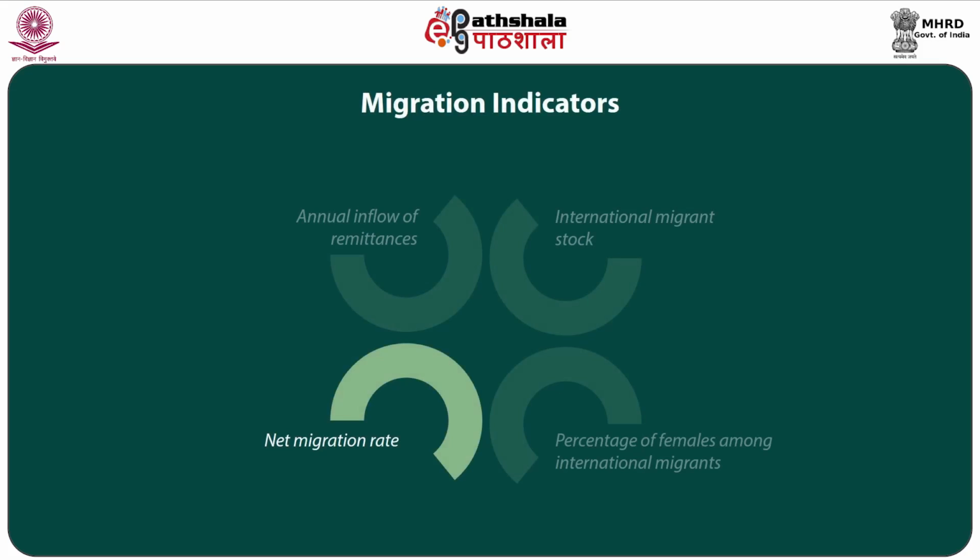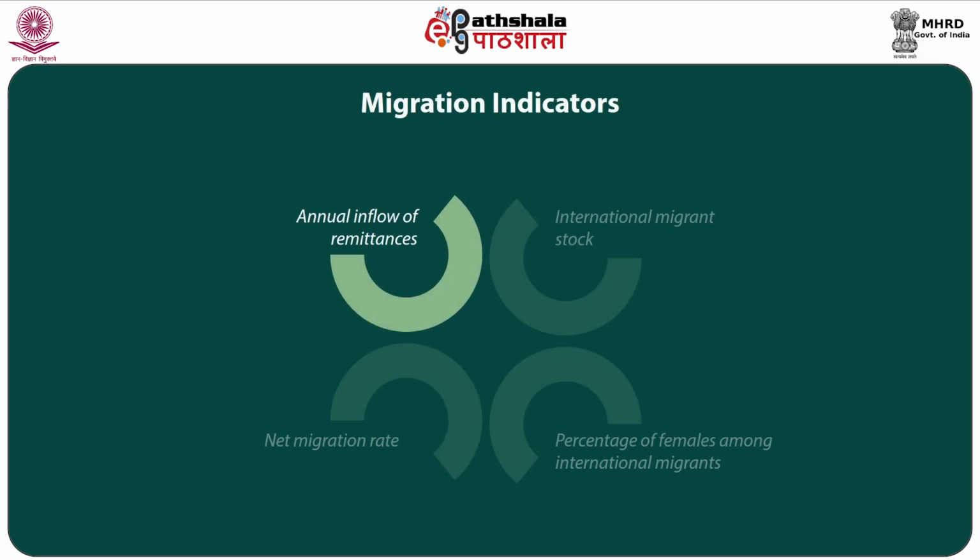The net migration rate talks about number of immigrants minus the number of emigrants over a period divided by the person years lived by population of receiving country over that period. This is expressed as net number of migrants per thousand population.